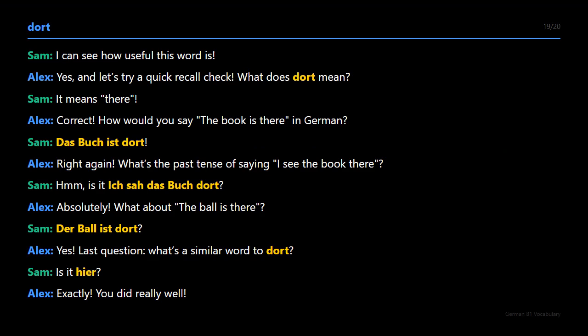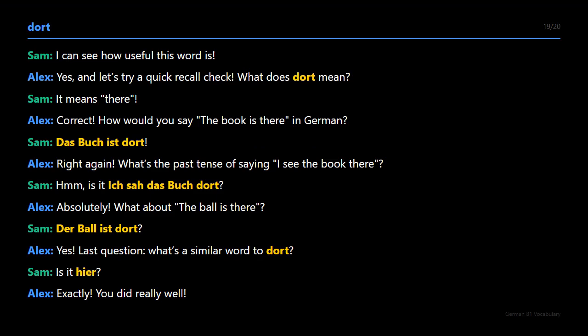Yes, and let's try a quick recall check. What does dort mean? It means there. Correct. How would you say the book is there in German? Das Buch ist dort. Right again. What's the past tense of saying I see the book there? Is it Ich sah das Buch dort?